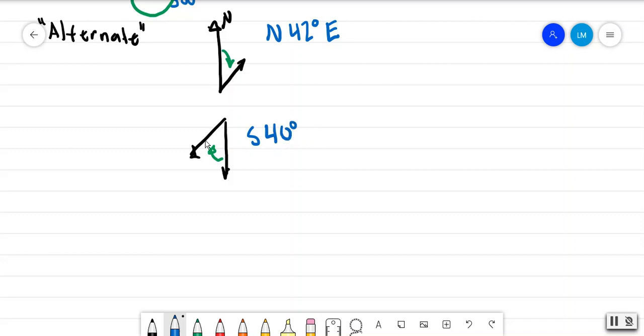In this case, you're pointing to the west, so that would have to be west. So this right here is going to be the 40 degrees, southwest. But let's indicate the direction, so south. It's relative to the south in this case that you have 40 degrees.